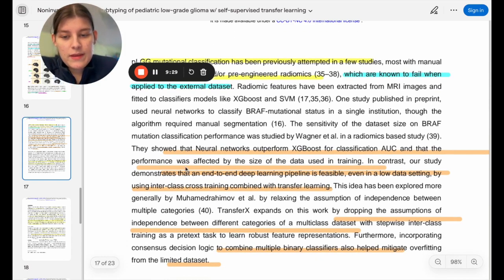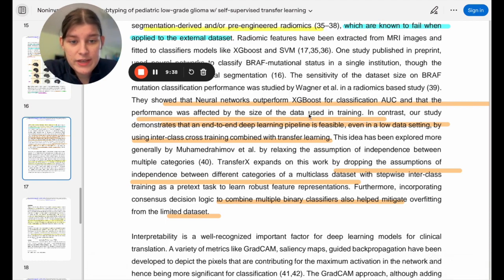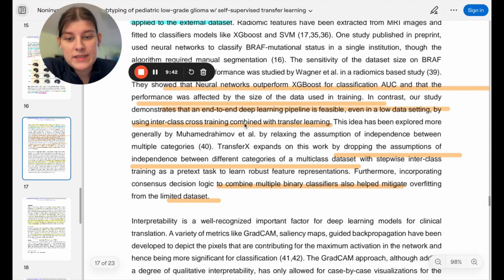Another thing I found really cool is that you can use neural networks to outperform the prior classification outcomes, especially with the area under the curve, which was affected by the size of the data used in training. But doing end-to-end deep learning, as I said, is feasible even in a low data setting, which is insane because you can use interclass cross training combined with transfer learning.